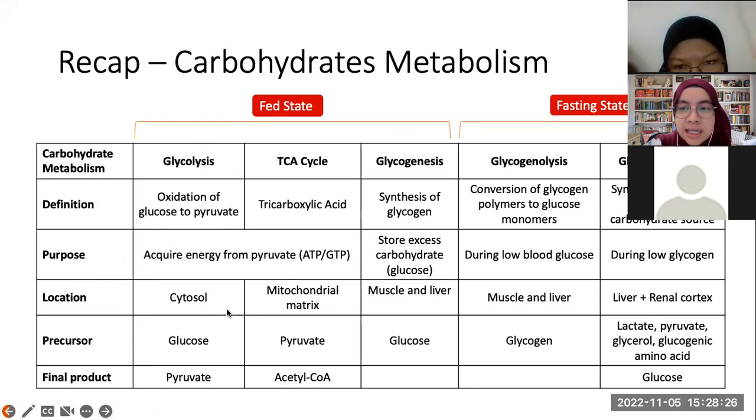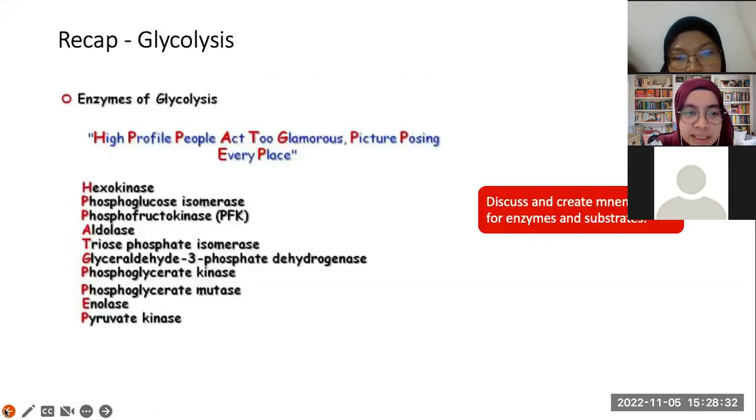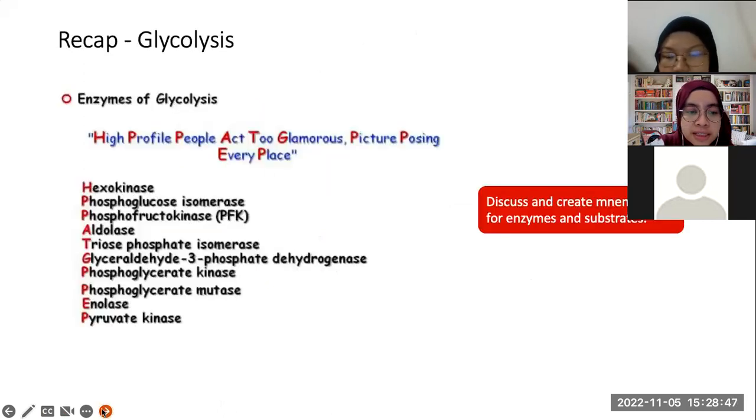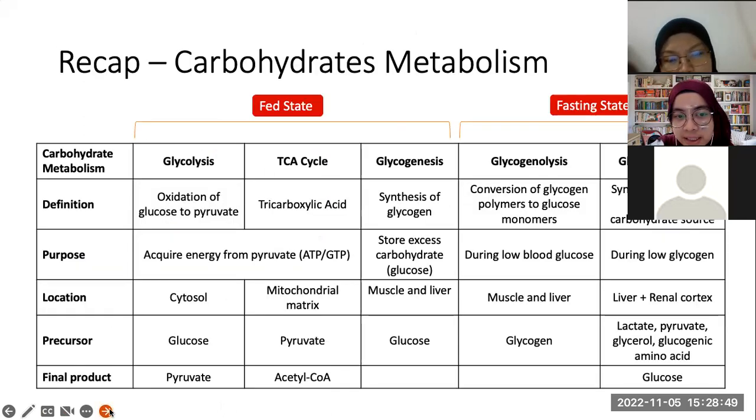It will be in the cytosol. Okay, and then the precursor and the final product. Precursor basically means what is the starting point? Who will start first? In this case, the precursor for this reaction would be glucose, and the final product would be pyruvate. So you already secure 5 marks over here.